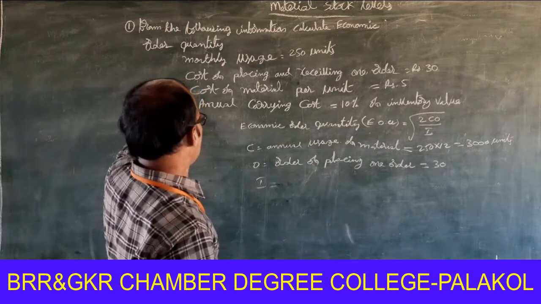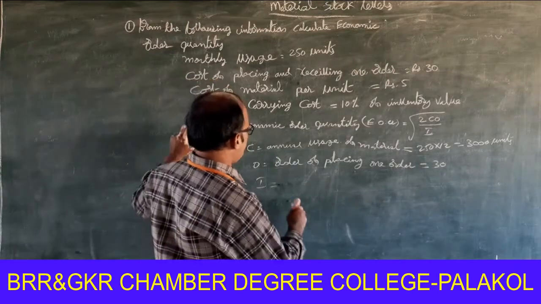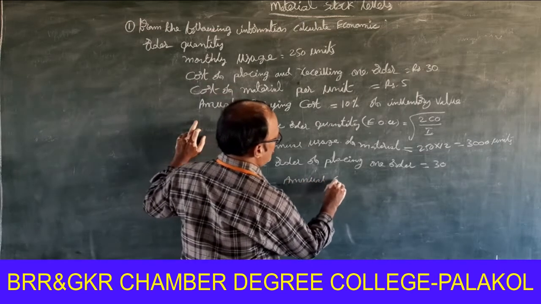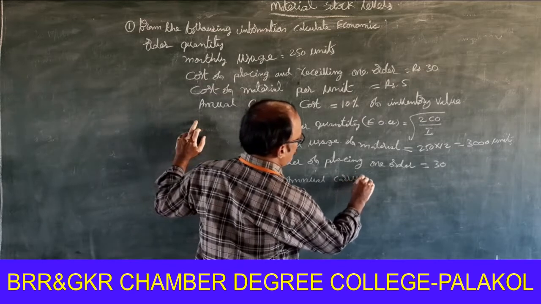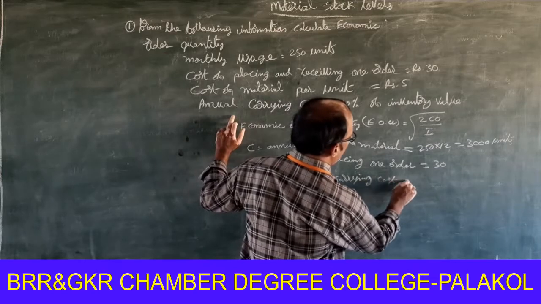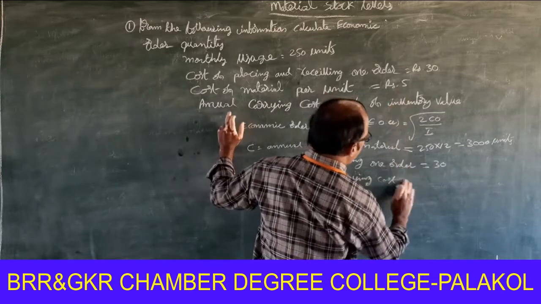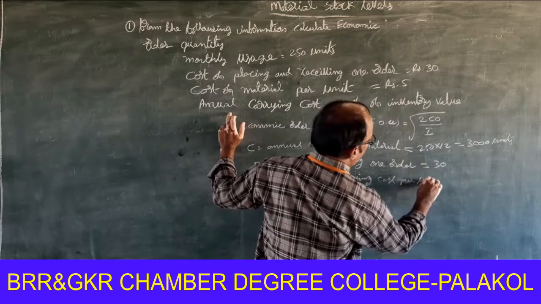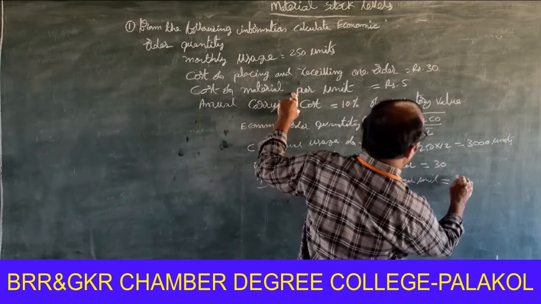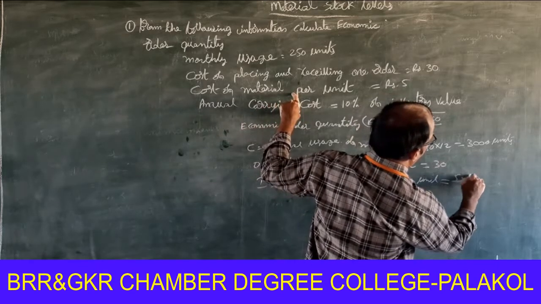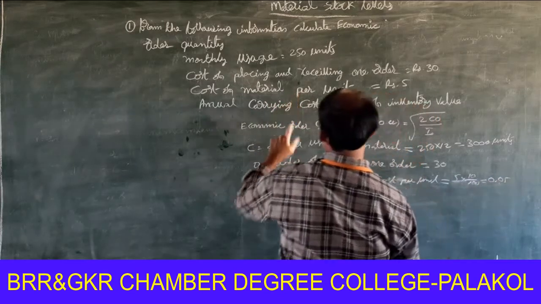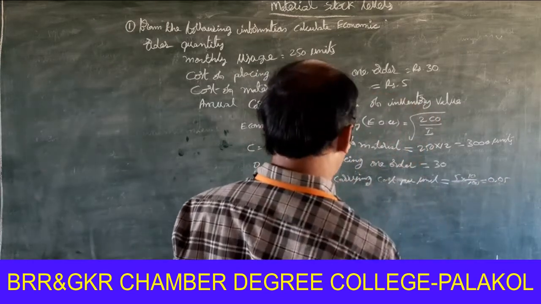Carrying cost per unit is equal to 5 into 10%, that is 5 into 10 by 100, that is equal to 0.50.